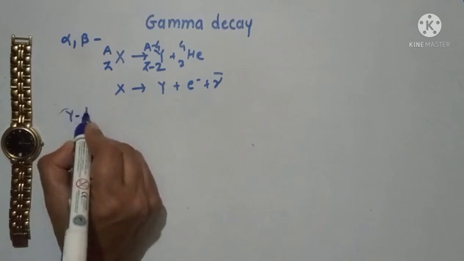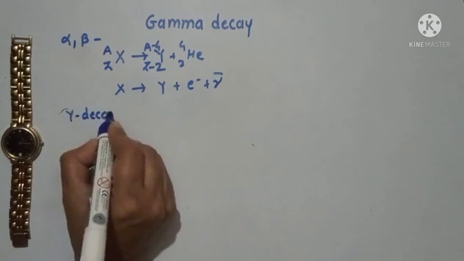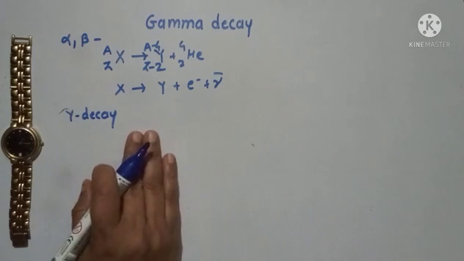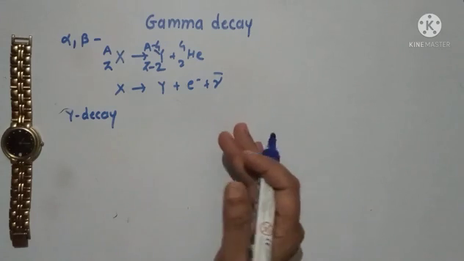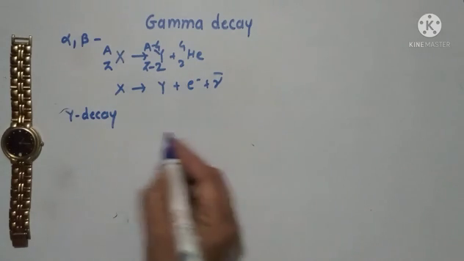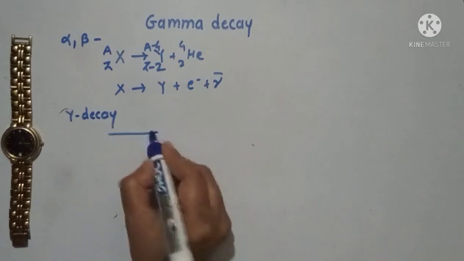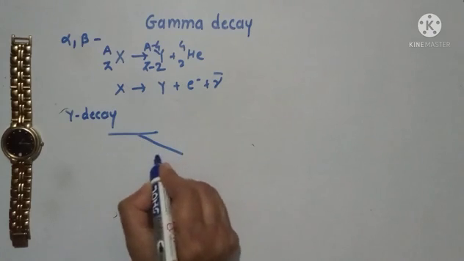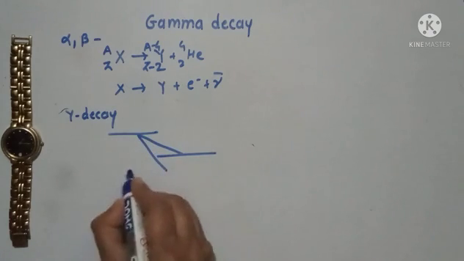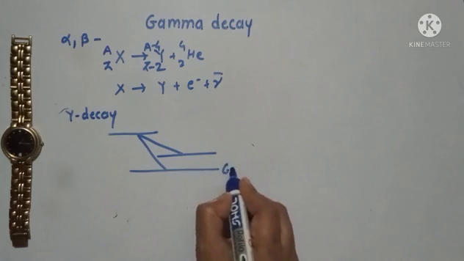So in alpha decay and beta decay the nucleus is changing to another nucleus, but in the case of gamma decay, the nucleus is not changing, it is only de-exciting to some lower excited state or to some ground state. Suppose this is the excited state of the nucleus, then it is de-exciting to some other excited state or some ground state.